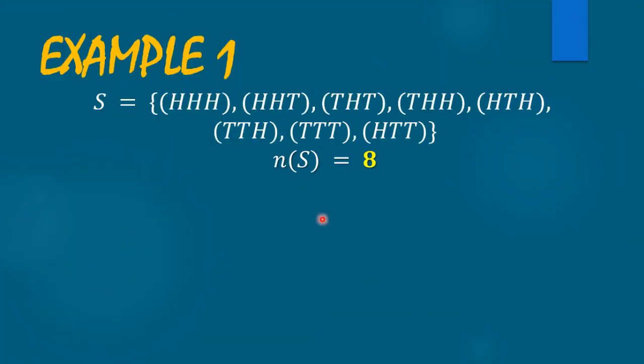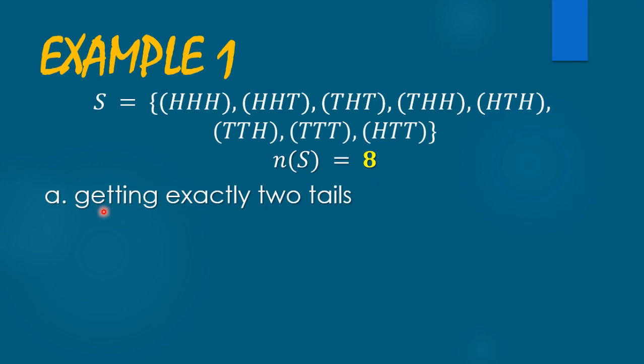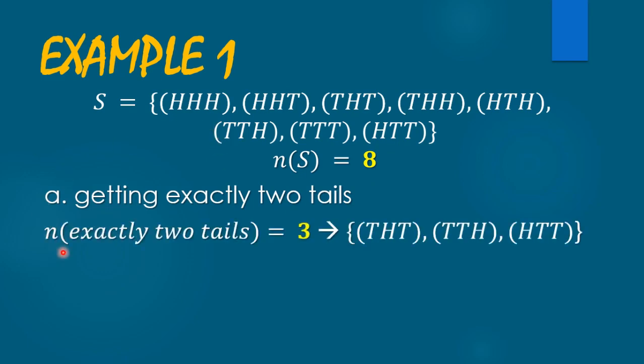Knowing that the number of elements in the sample space is 8, let us answer the first given, getting exactly 2 tails. So from here, the number of elements having exactly 2 tails will be 3. So we have tail, head, tail; tail, tail, head; and head, tail, tail.